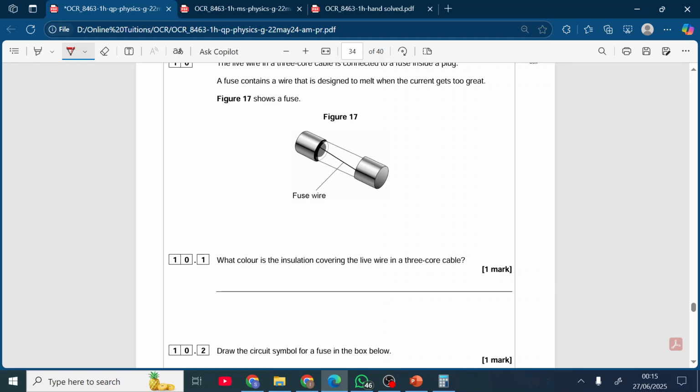So we know that we have three colors actually: brown, blue, and yellow. So the brown always shows you the live wire which carries the current.